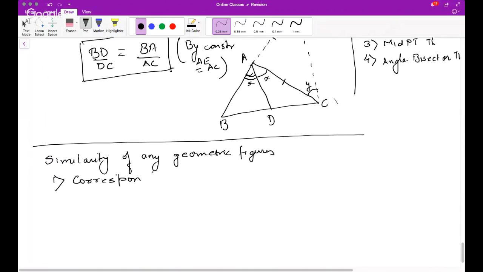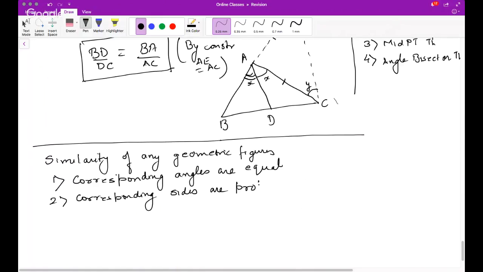I am assuming you know what corresponding means. These are the two basic criteria for any similarity.